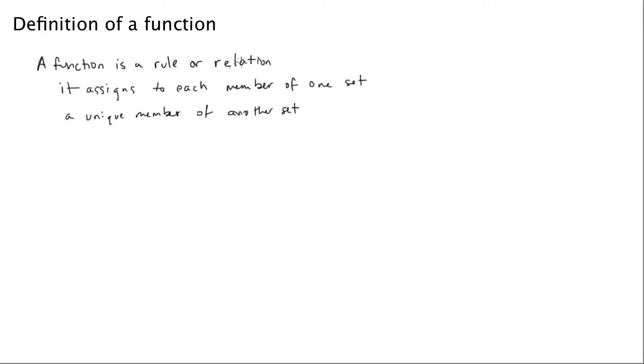Okay, and since we have two different sets that we're talking about, we use two different words. The members that get assigned are things in the domain, and the elements that are assigned to those things come out of the range, or sometimes you'll see the word codomain.